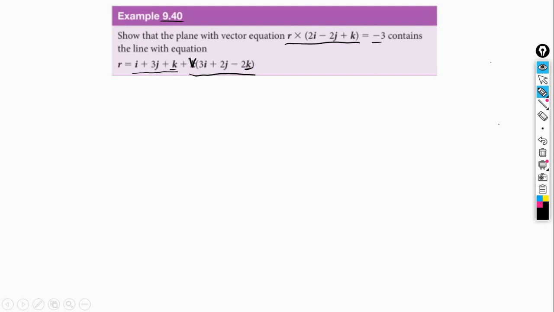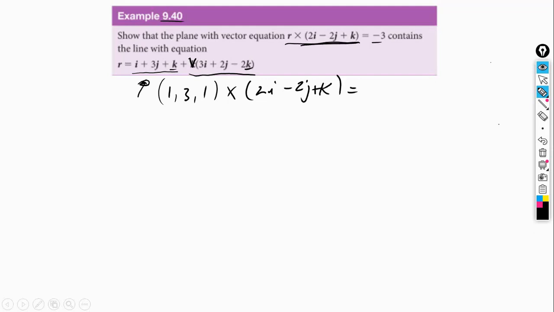One way is to pick a point on this line. We could say that this is a point on the line, right? 1, 3, 1 is on line R. And that means that if we do the scalar product with the normal here, 2i minus 2j plus k, we should also get negative 3.